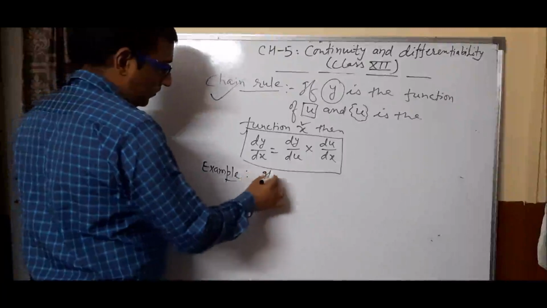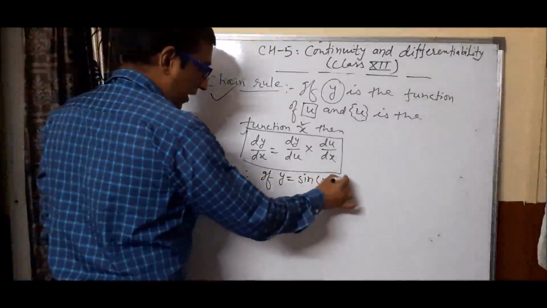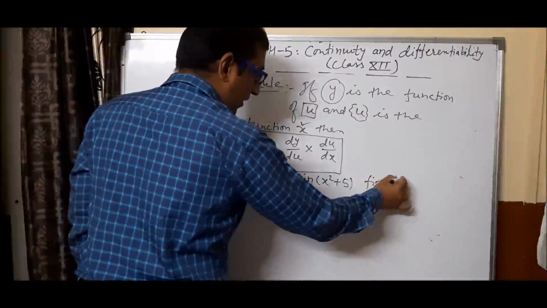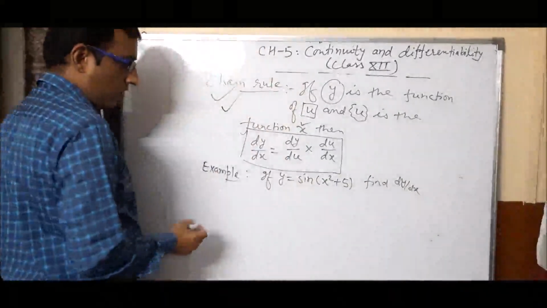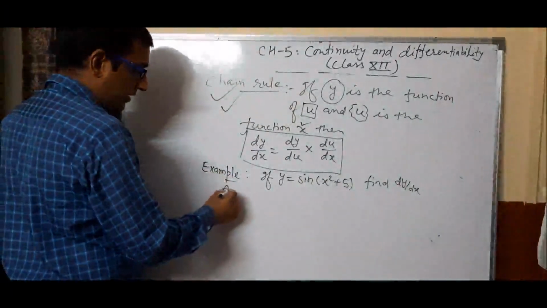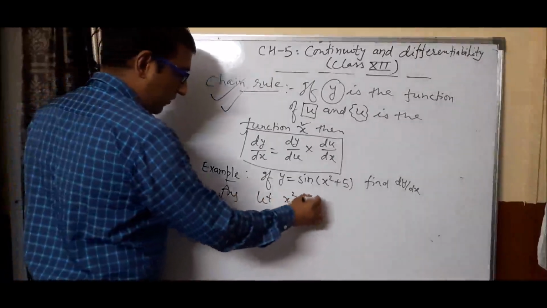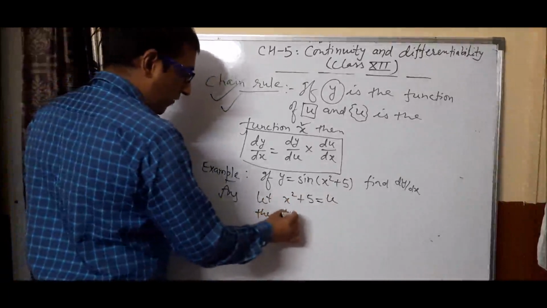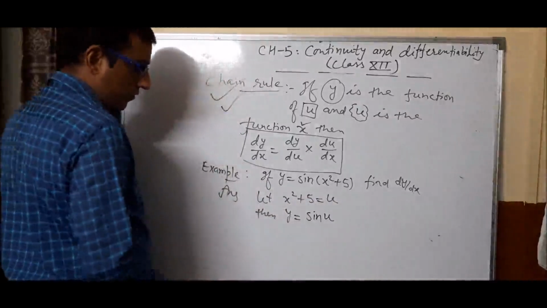So if y equals sine of x square plus 5, then how will we find dy by dx with the help of chain rule? So how will we start? Let x square plus 5 equal u, then we can say y equals sine u.